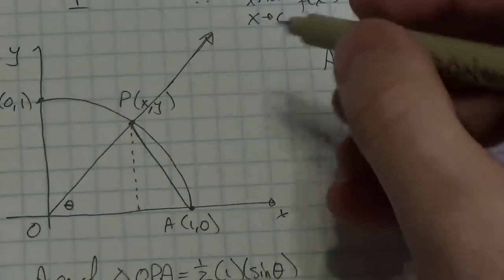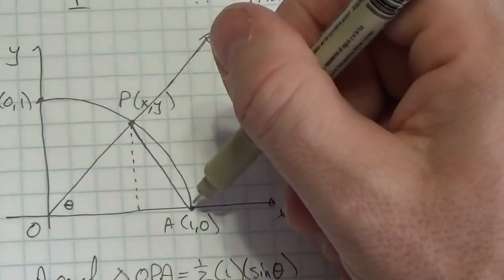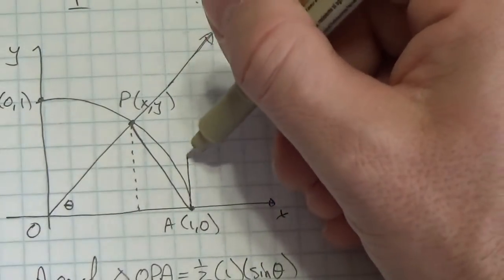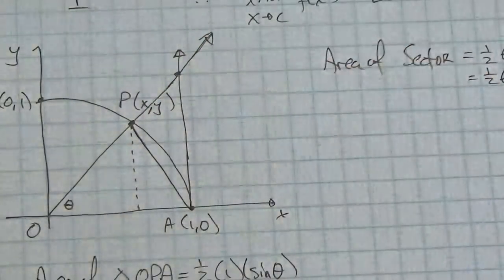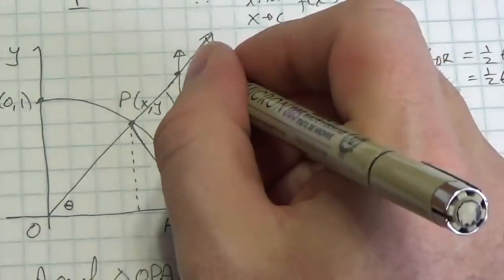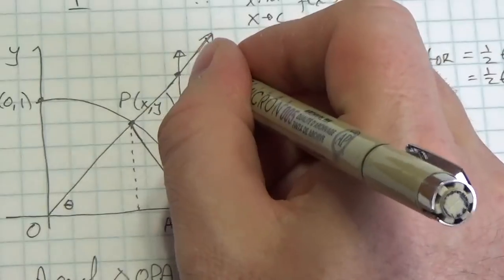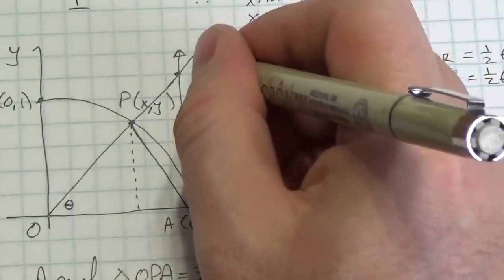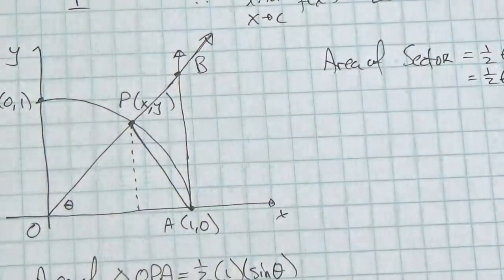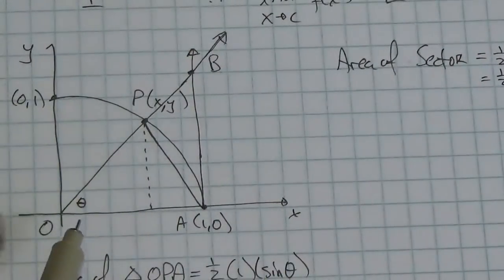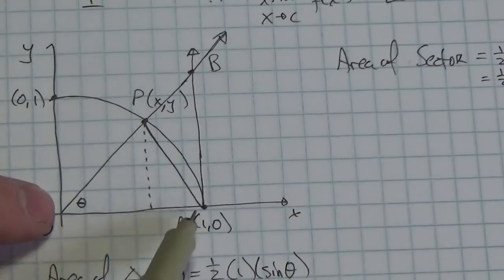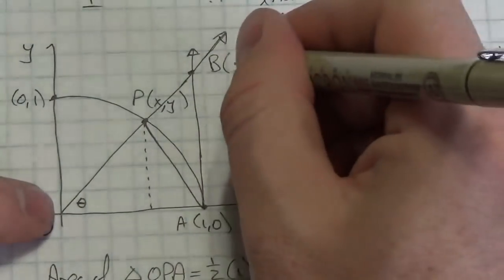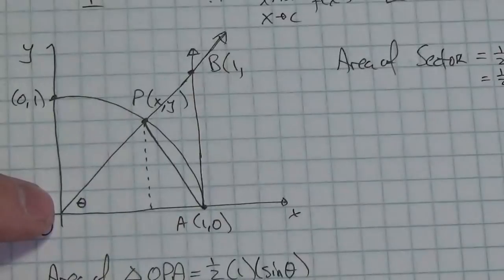Now let's build another triangle here, and this time I'm just going to come straight up. We're going to meet up here. This point right here, let's call this B, for lack of a better letter. This is going to be the point 1, comma, well, how high up does that go?